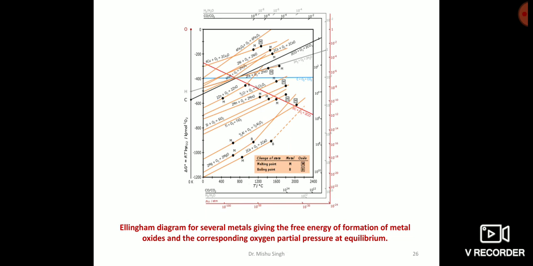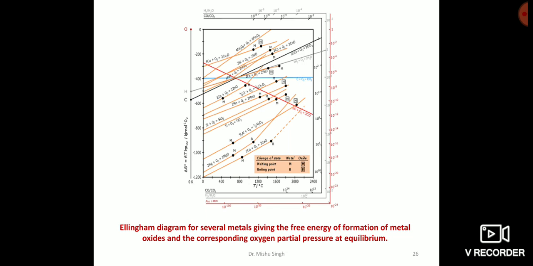Since gases have higher entropy than liquids and solids, during this reaction ΔS becomes negative. Thus, if the temperature is increased, TΔS becomes more and more negative. In other words, ΔG increases with increase in temperature, and decreases with decrease in temperature.